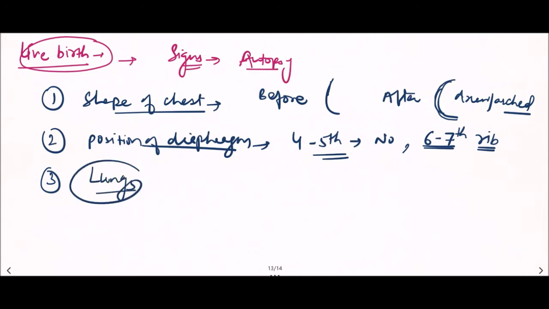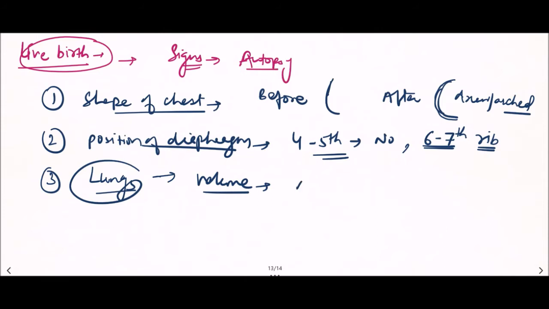So there are various important findings in a live birth fetus, and one has to note all these findings while doing autopsy on a fetus. So first is the volume of lung. Unrespired lungs appear small and collapsed.